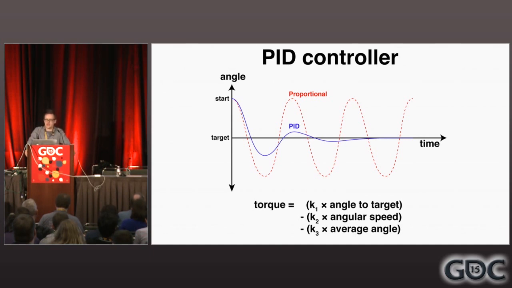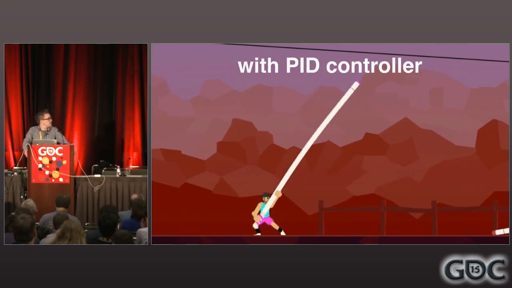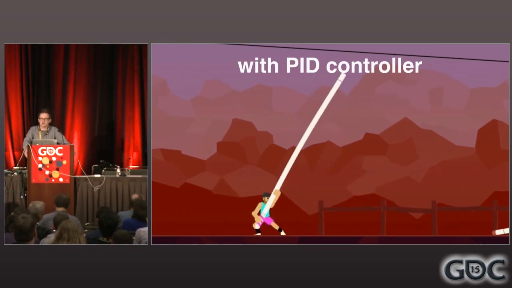Eventually, I tuned these constants to the point where I had a reasonable blend of speed and stability. So with that added, it looks something like that. And with the PID tuned, I was able to find a reasonable balance, as good a balance as you'll get with a super heavy pole. And so I had a first pass of the direct pointing controls that I wanted with the heavy pole.